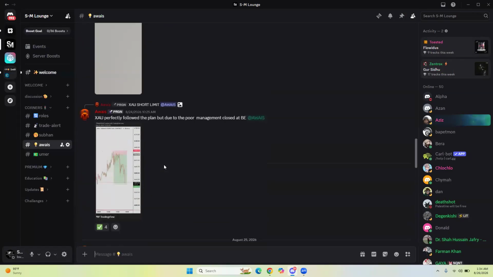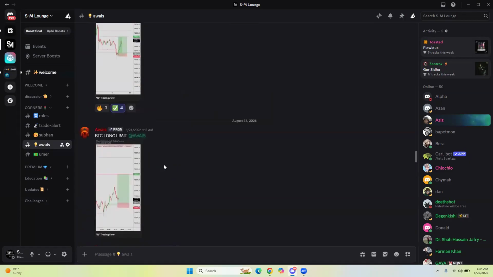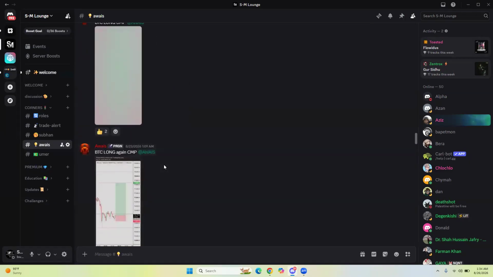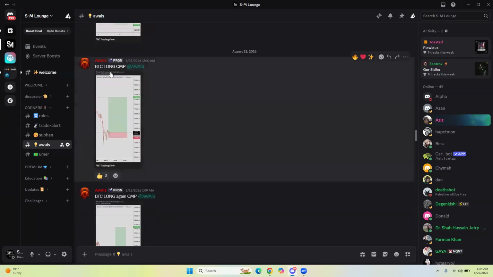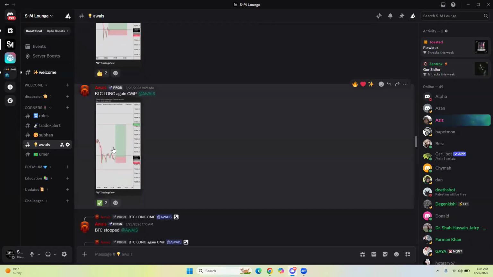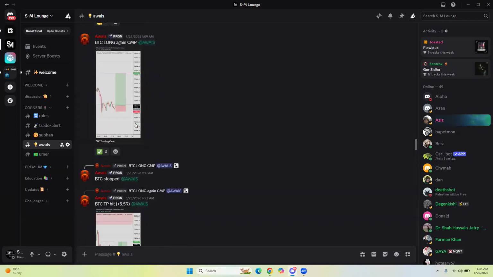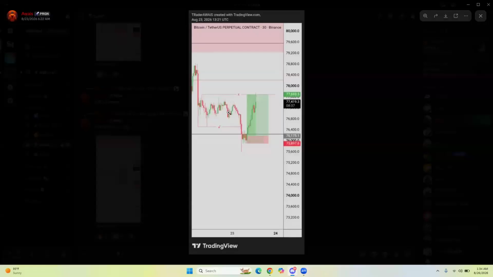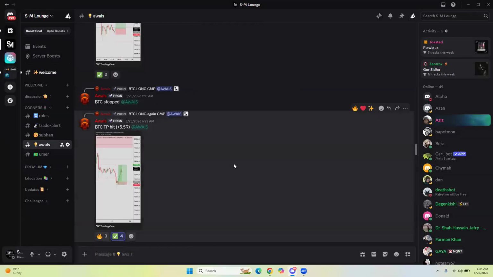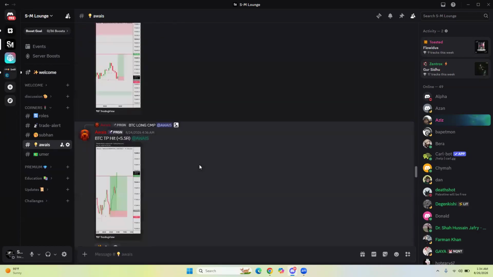The way Aves is doing, like, past week: BTC long at CMP, it was stopped out. Then he re-longed at current market price. Look at this one, stopped out, and then 5.5R TP. This is a free trade. We don't charge for those.